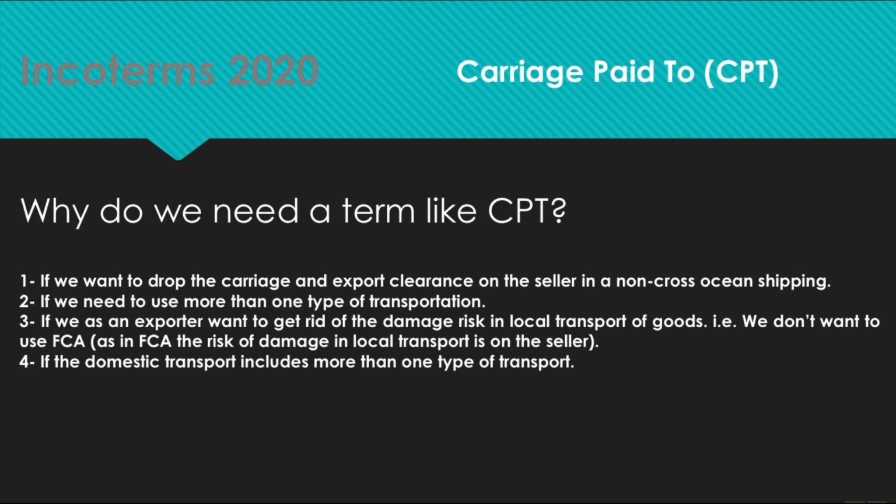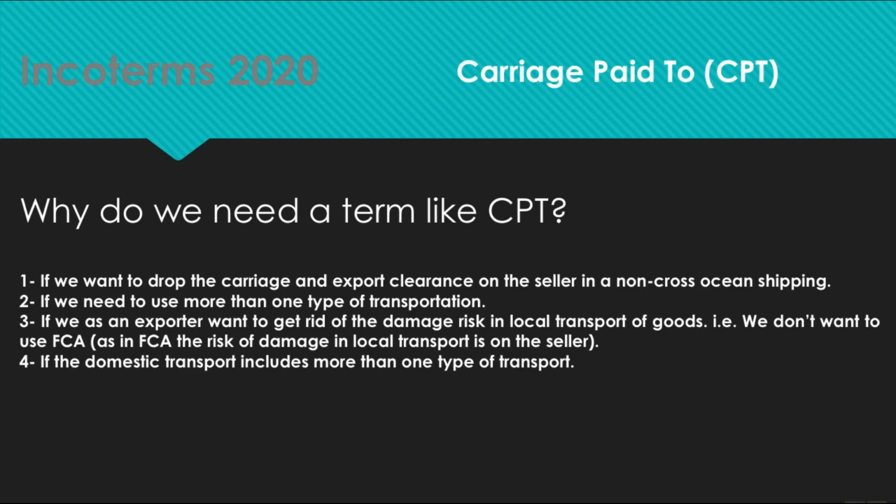3. If we, as an exporter, want to get rid of the damage risk in local transport of goods, I mean, we don't want to use FCA, as in FCA the risk of damage in local transport is on the seller.